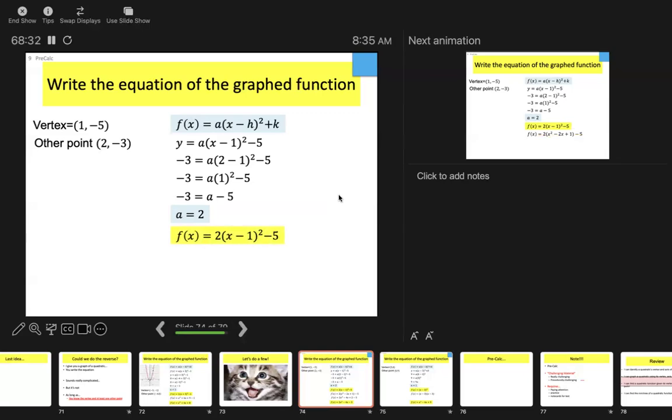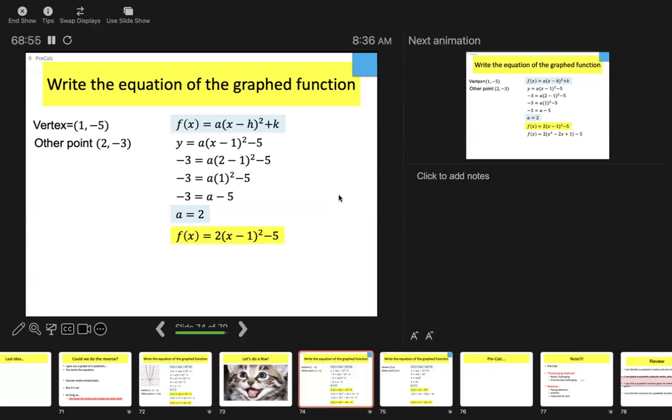That's it. If they ask you to put this in standard form, then what would you have to do? Square the vertex: x squared minus 2x plus 1.